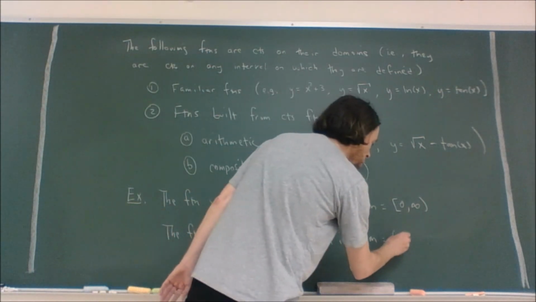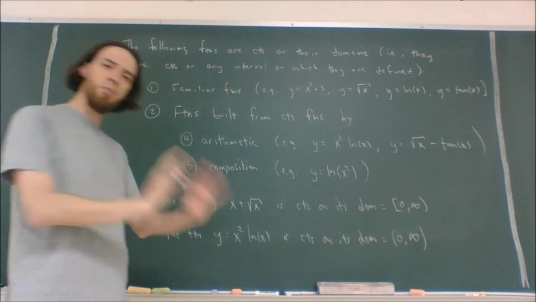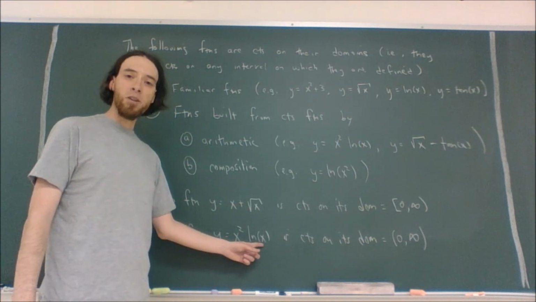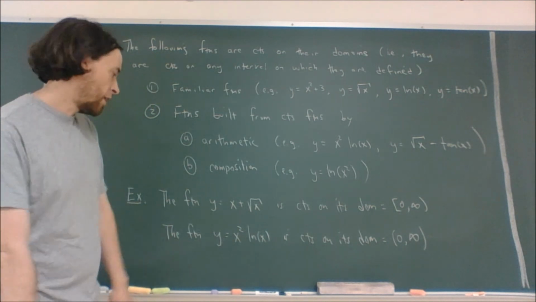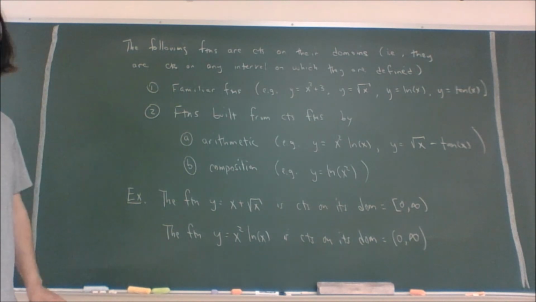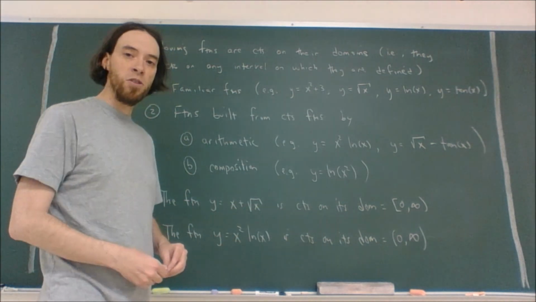So we're only allowed to plug in numbers from 0 to infinity, this time not including the 0. Natural log of 0 would be undefined, just like log of a negative number would be undefined. Okay, so those are just a couple of quick examples there of how we know functions like this and this are continuous.